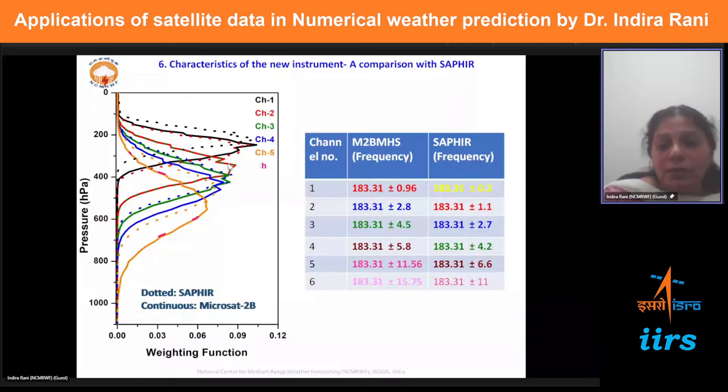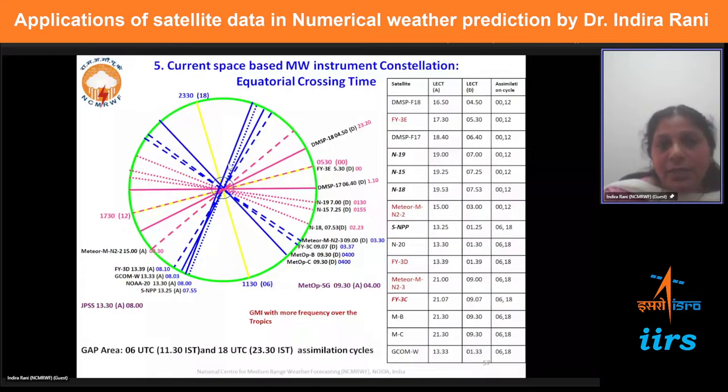But I don't know how long this will continue, because this is an experimental mission and ISRO is expecting a lifetime of only 1 year. That said, there are many satellites, but we have to see what the gap is in the satellite data we are getting.